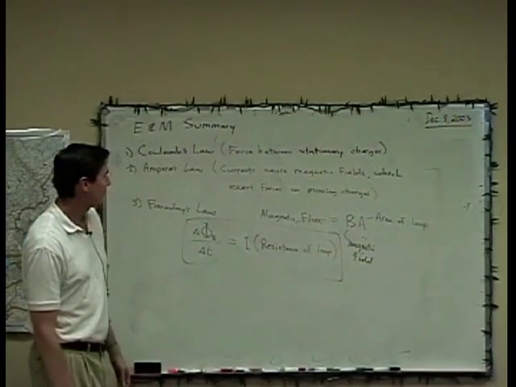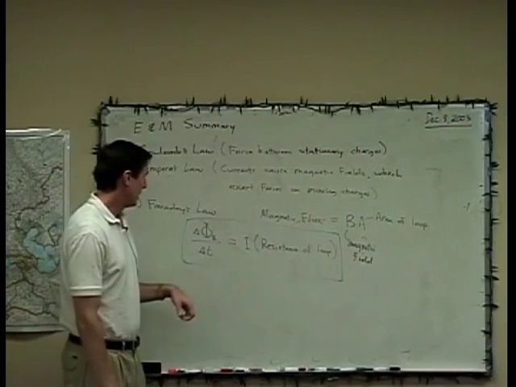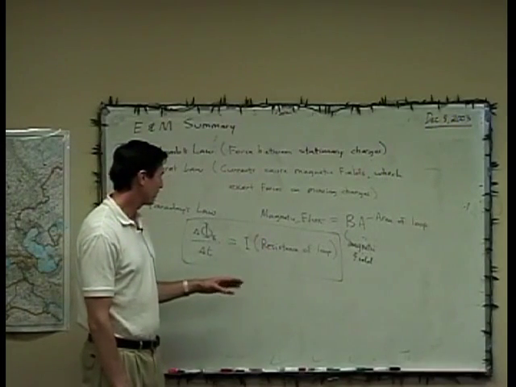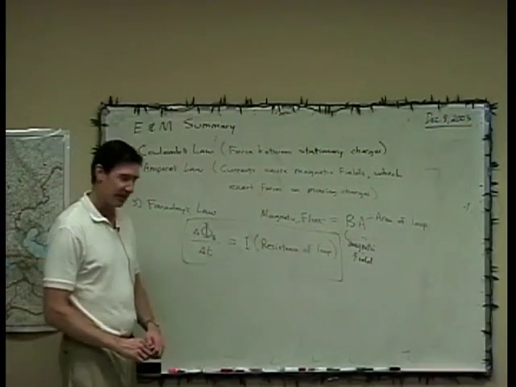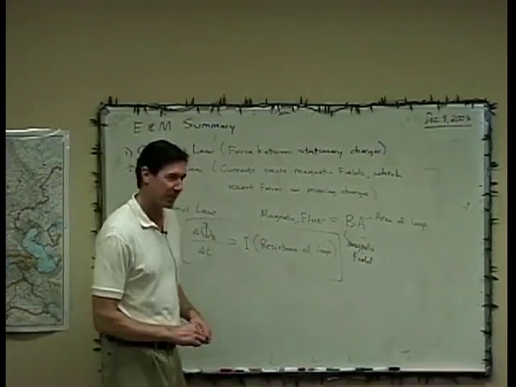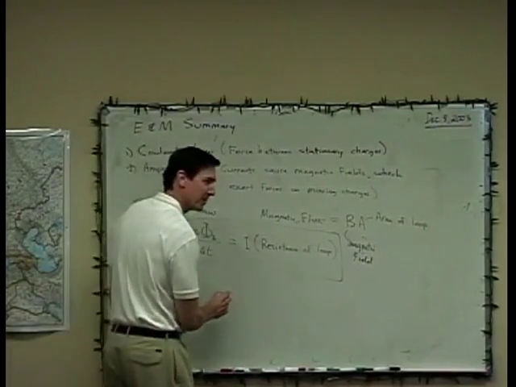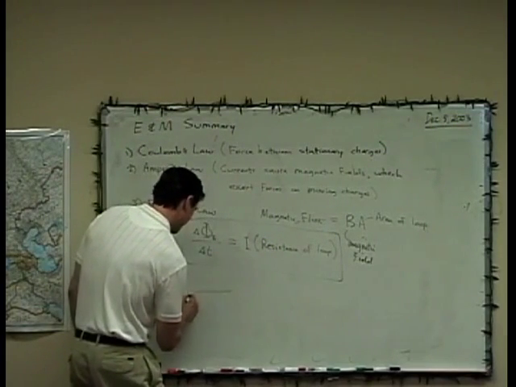Now I have a question for you. What if I take the loop away? Let's say we don't have a loop. And that's right, we just have a magnet. Okay.